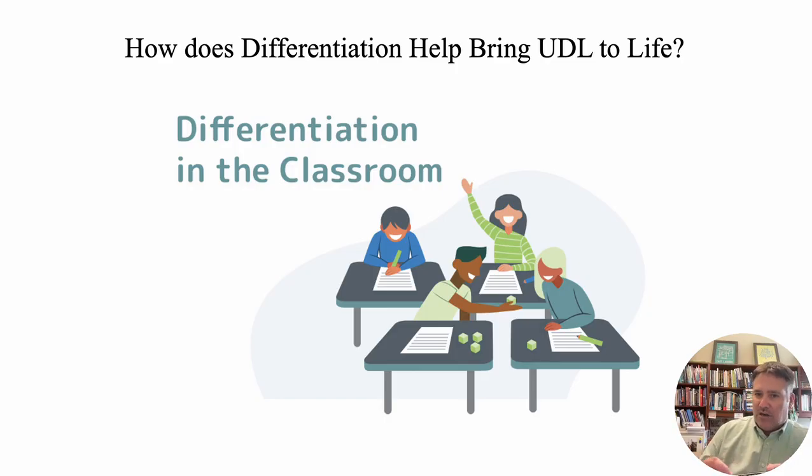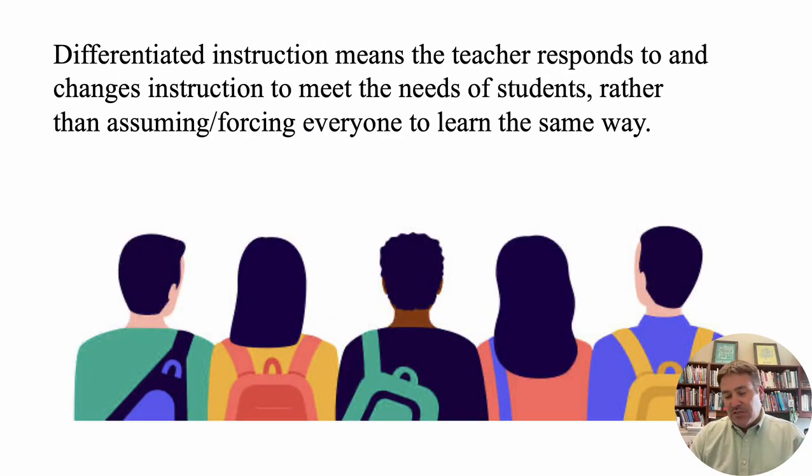So let's jump in and talk about differentiated instruction and how differentiation can help bring UDL to life. Differentiation and UDL are very similar in a lot of ways. It means the teacher is responding to and changing instruction to meet the needs of students rather than forcing or assuming everybody learns the same way.